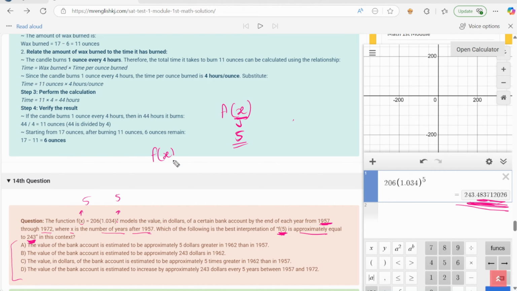Now, the important part: we need to find what is right. We know in 5 years, we get this total amount. Let's understand one by one.